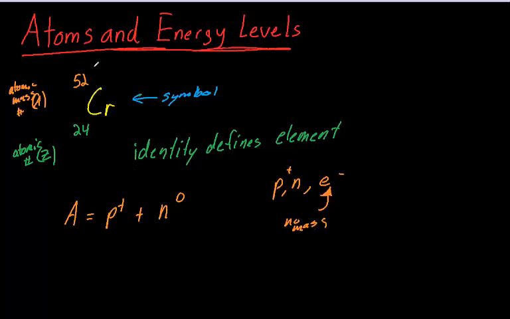So if you were to look at this element and you wanted to find out the number of neutrons, what would you do? You would just subtract the atomic number, which is Z, from A. So number of neutrons would equal A minus Z.